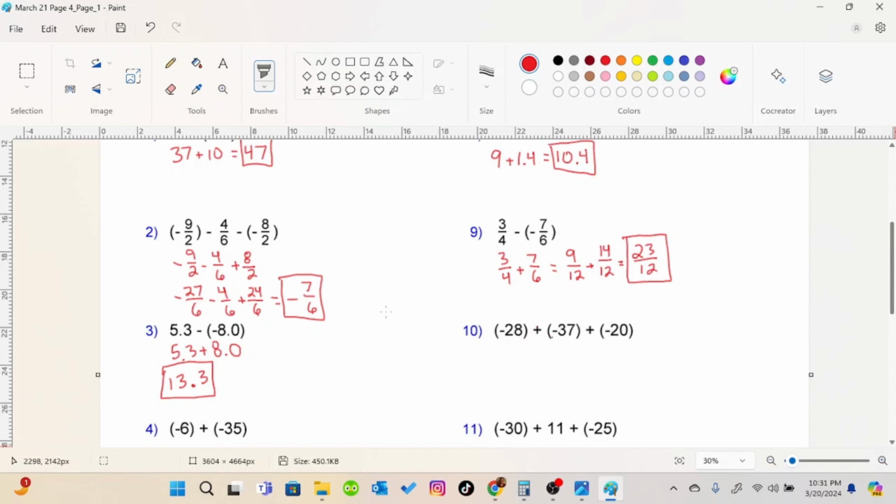If you add a negative, you're just subtracting. So negative 28 minus 37 minus 20. Negative 28 minus 37 equals negative 65. And negative 65 minus 20 equals negative 85.